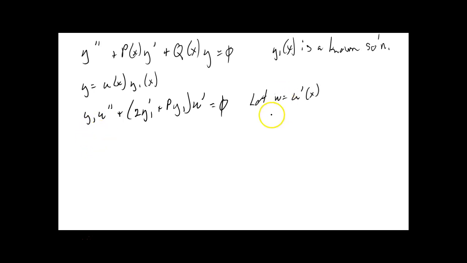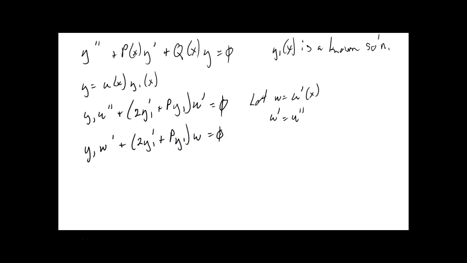If w is equal to u prime, w prime is equal to u double prime. So now we have y1 w prime plus 2y1 prime plus p y1 times w is equal to 0.